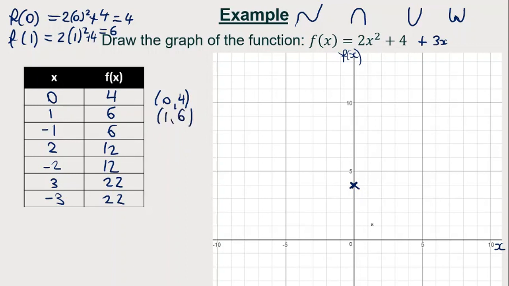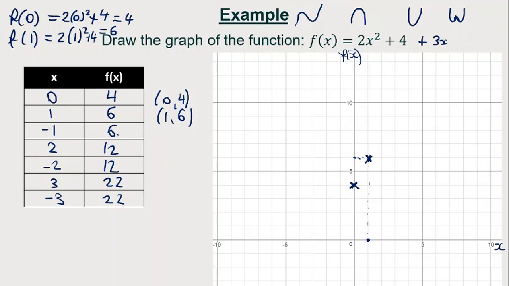Okay, now 1, 6 is the next one, so my point 1, 6 needs to be plotted. So 1 is the value of x, so on the x-axis, as I call it, 1 has a value here, and then on f of x I need to have a value 6. So when 1 and 6 meet up, which is here, I need to draw a cross.